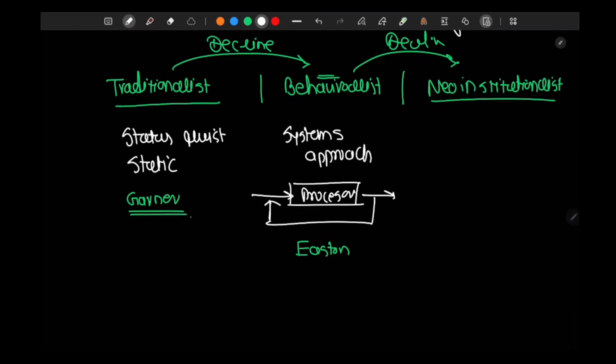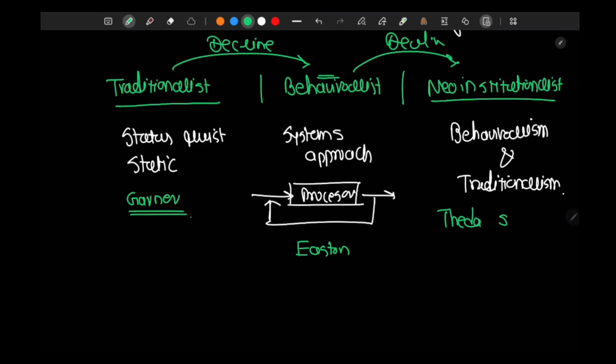Then again decline happened. Then neo-institutionalism came, whereby we see a marriage of behavioralism and traditionalism, and the biggest name is Theda Skocpol. March and Olsen are also there, but mainly Theda Skocpol.